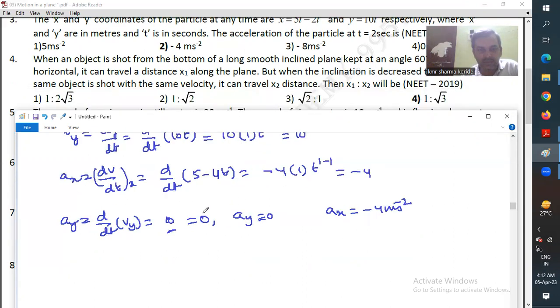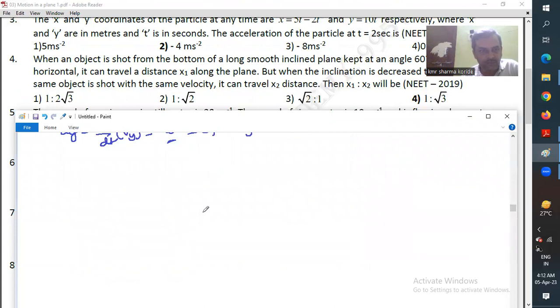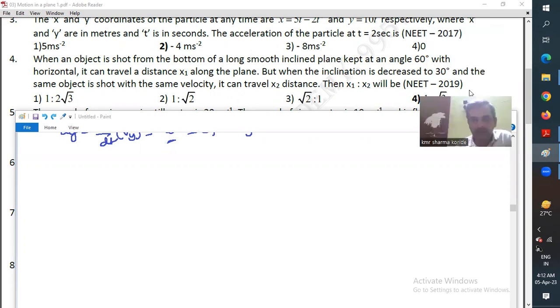This is question number 4. When an object is shot from the bottom of a long, smooth inclined plane, kept at an angle 60 degrees with the horizontal, it can travel a distance x1.